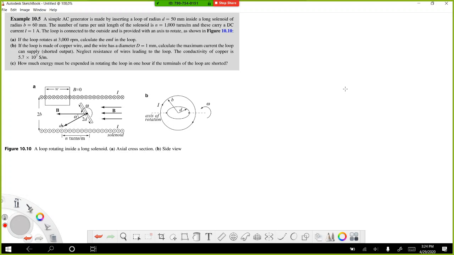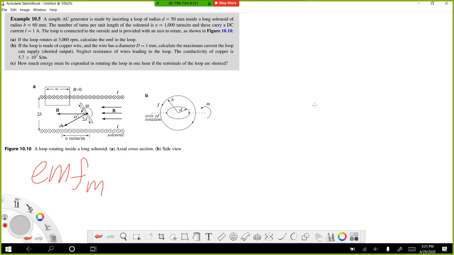Let's start with the first question. It looks like the problem which we solved in the previous lectures, where we called the EMF, electromotive force, due to the motional action.